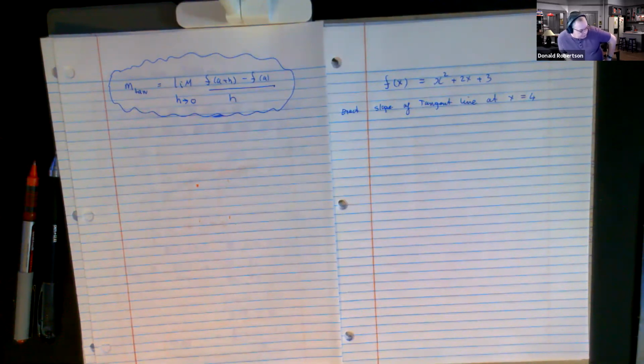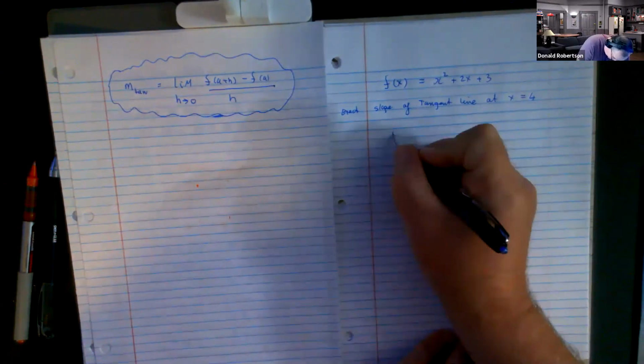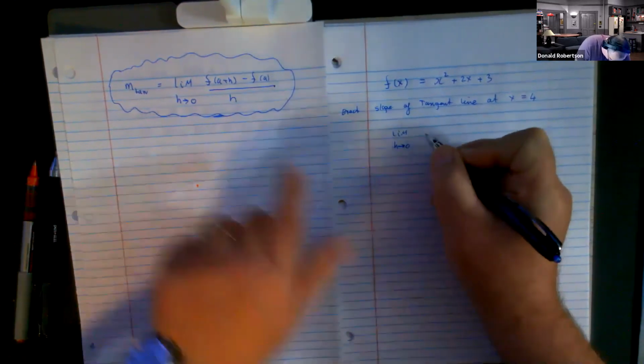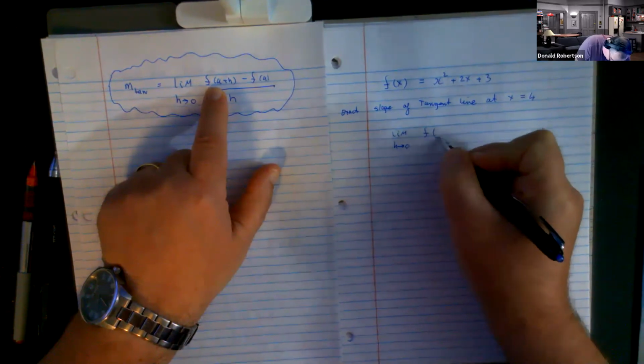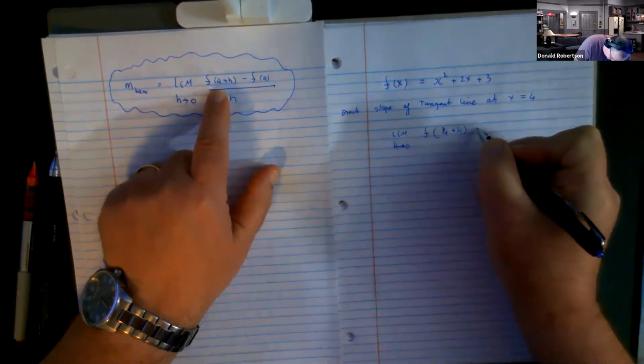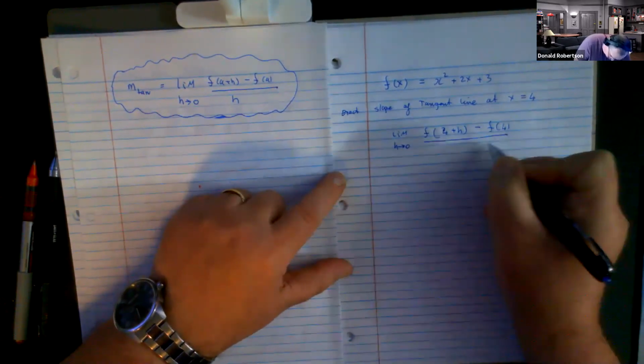So far, so good. Yeah, how do we do that? Well, you find the limit as h tends to 0 of f of 4 plus h, take away f of 4, all over h.